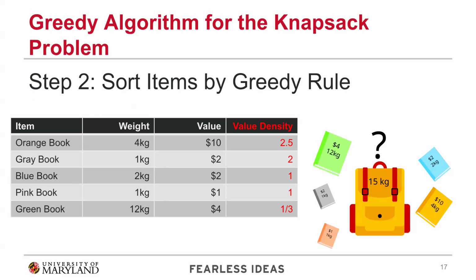We can design a function to determine the value density for a particular object. For example, for the first one, we have a weight and a value, and we can measure the value density, which is 2.5, meaning if we put this item in the bag, how well it would fill the bag and obtain valuable value.